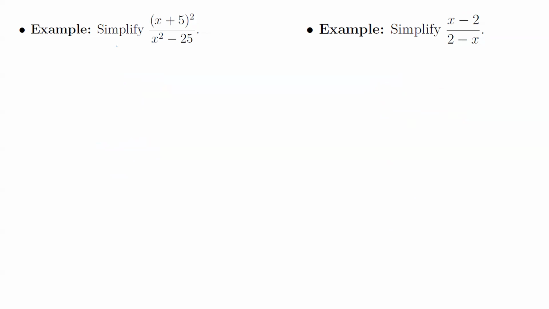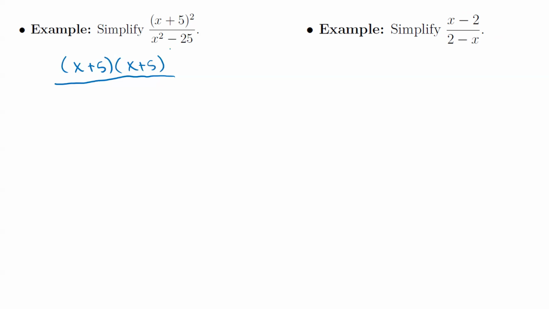So the example here on the left is an interesting one. The top is already factored, okay? But since I'm in the habit of trying to cross factors out on top and bottom, what you might find helpful is to write it like this: x plus 5 times x plus 5. I'm not writing it like that for any purpose other than if I can cancel out one of those x plus 5s with something on bottom, it's just easy to see when I can actually slash one of them out up on top.